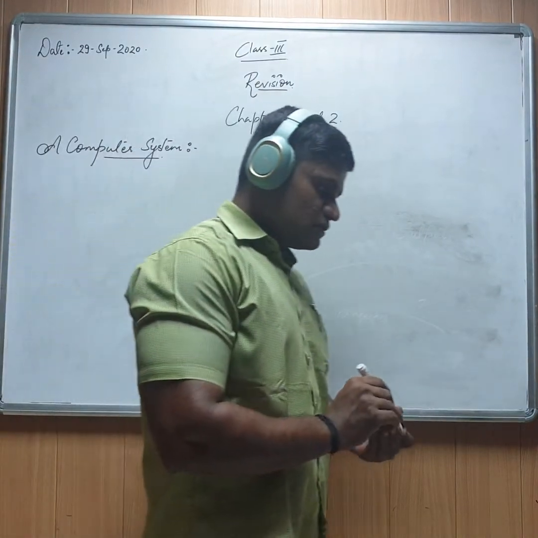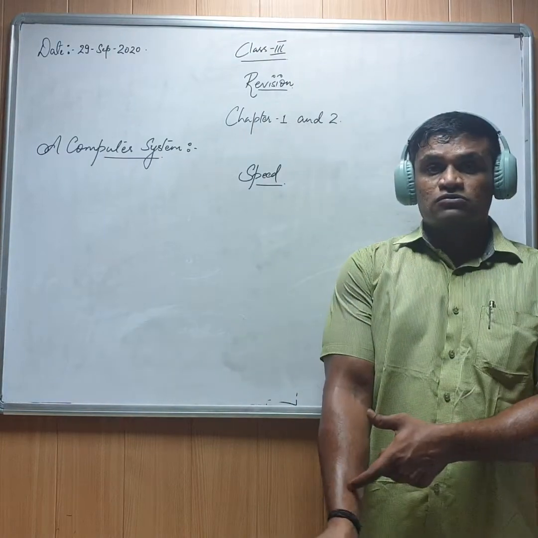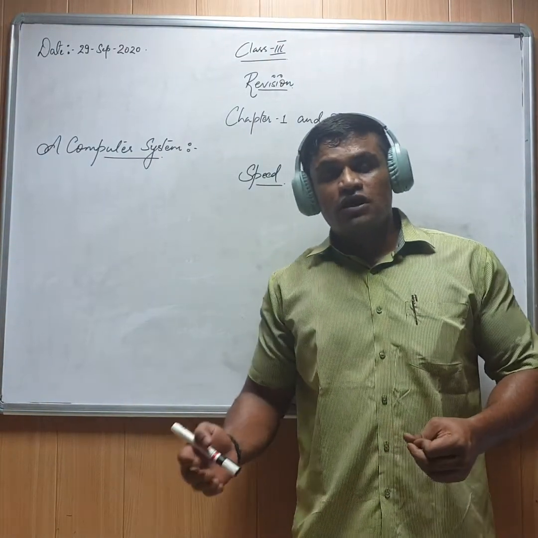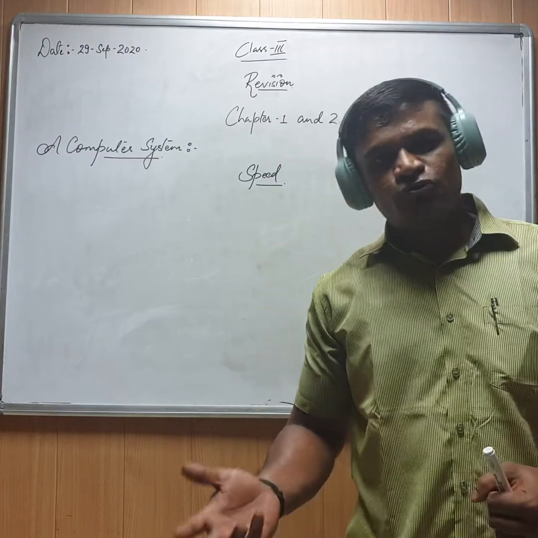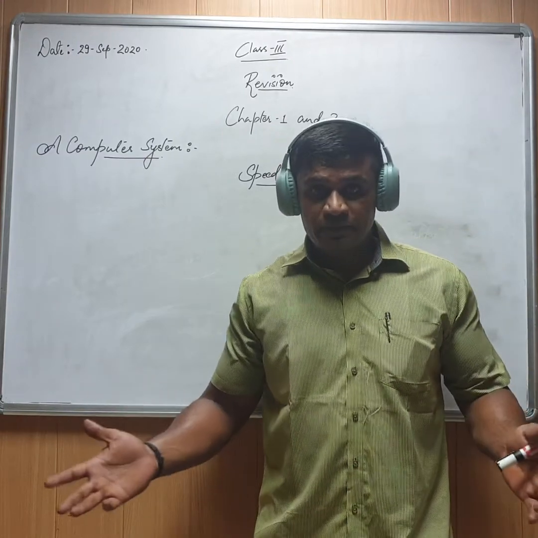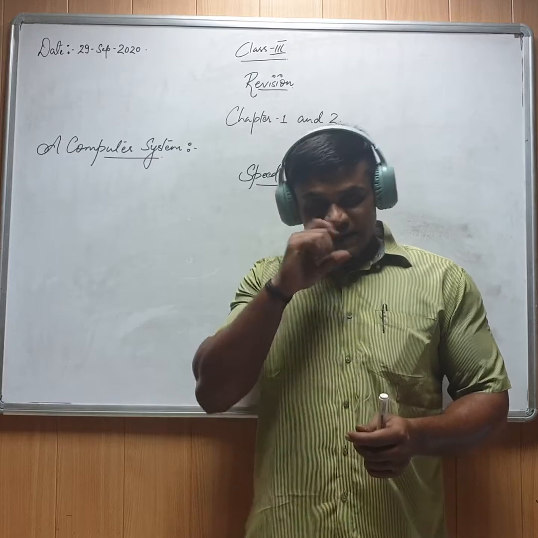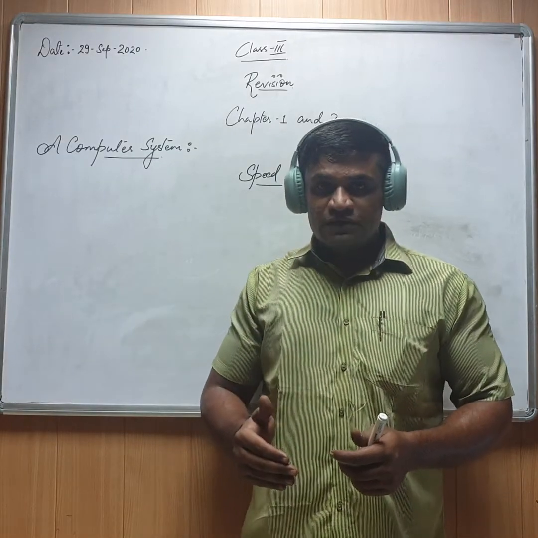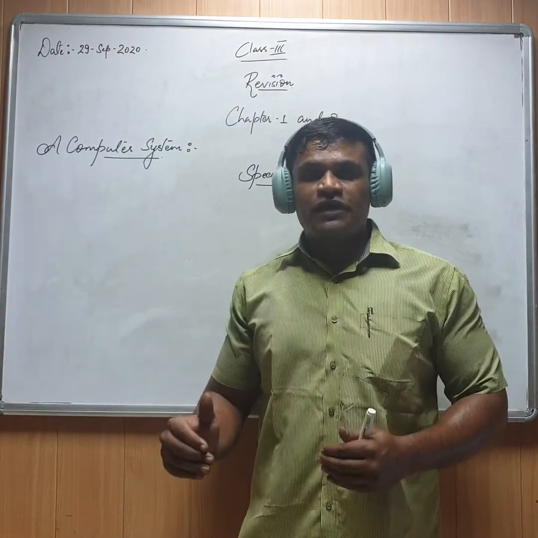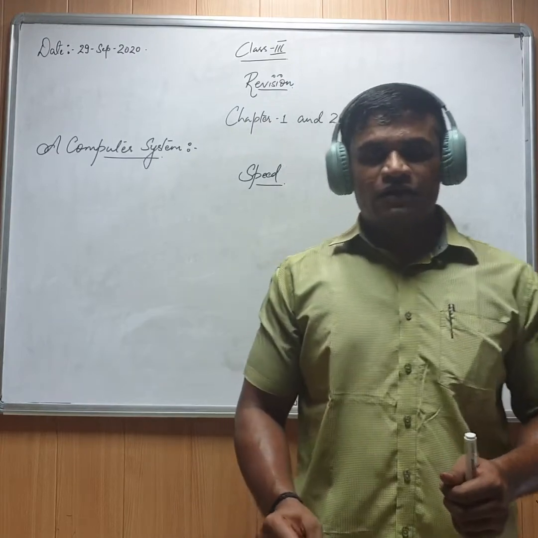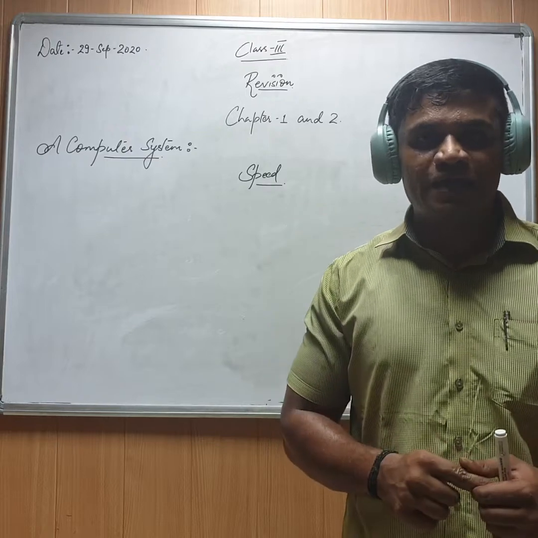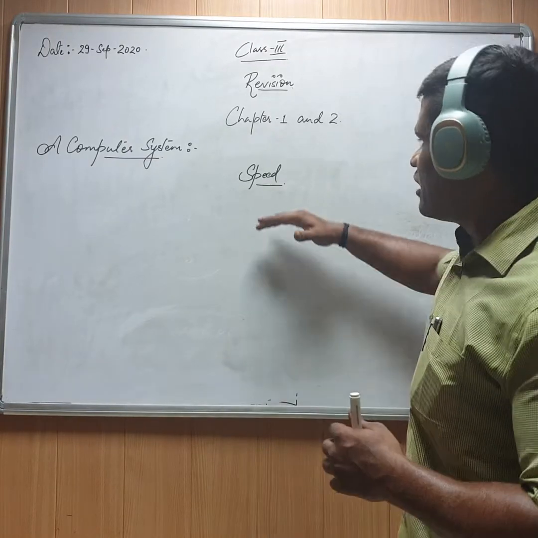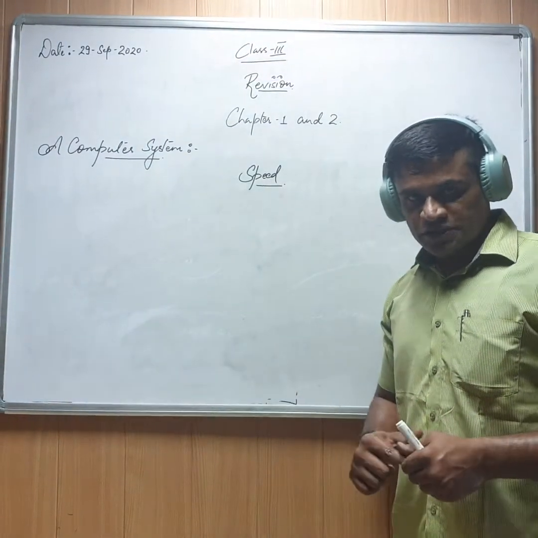The calculations which we perform take time, might be 1 minute, 2 minutes, 5 minutes, 10 minutes. But thousands of calculations are performed by the computer in milliseconds, in just a fraction of time. So the computer has a very high speed in calculation.